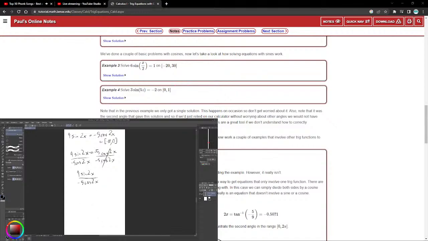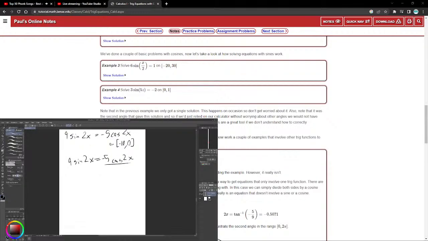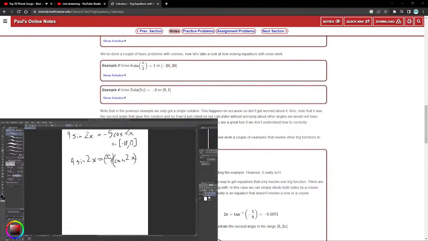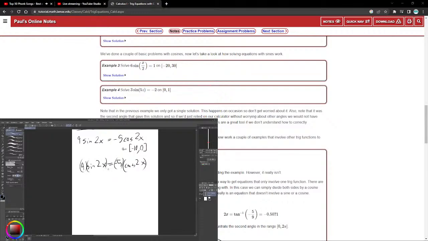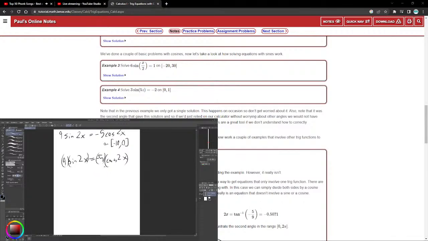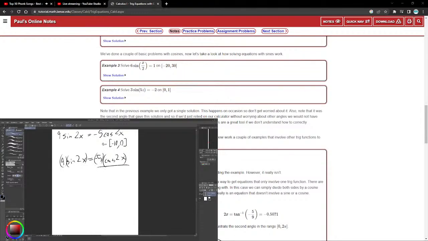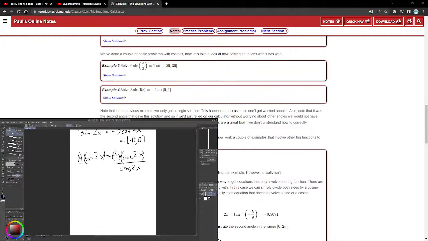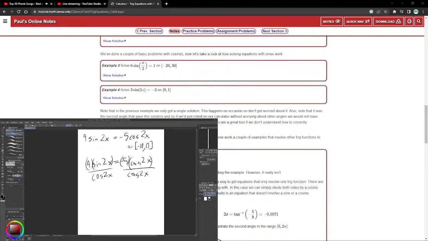Let's restart. So, okay, this can be rewritten as cos 2x times -5, and then 9 times sine 2x. So, just divide out the cos 2x. Put this over cos 2x. I want to get the 9 and the 5 by itself, though.